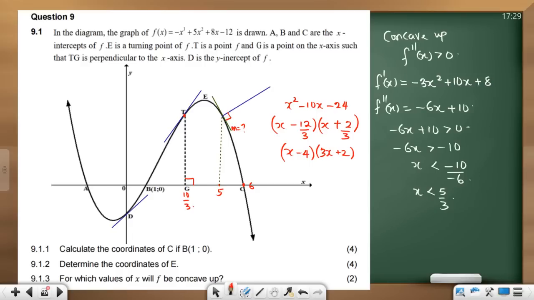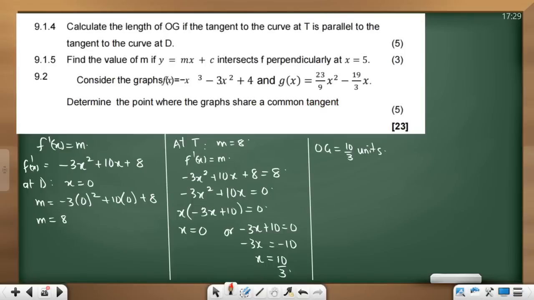The first derivative is equal to what? Gradient. And we know that happens at x equals 5. Negative 3x squared plus 10x plus 8. That's my first derivative.